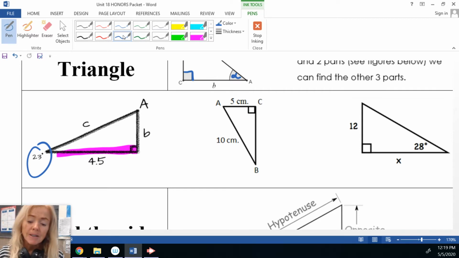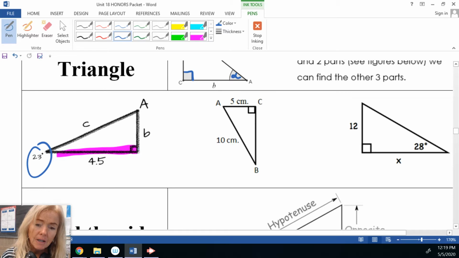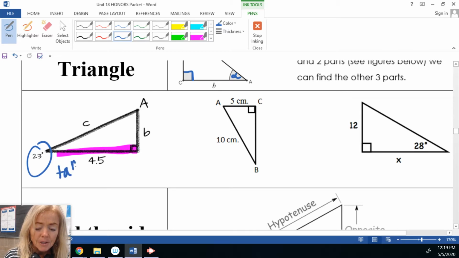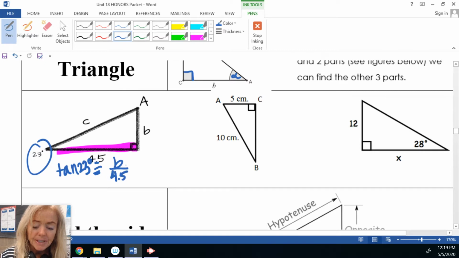we can use a trig function such as tangent. We can do tangent of 23 degrees is equal to the opposite side, which is b, over the adjacent side, 4.5. So tangent 23 is just a number.